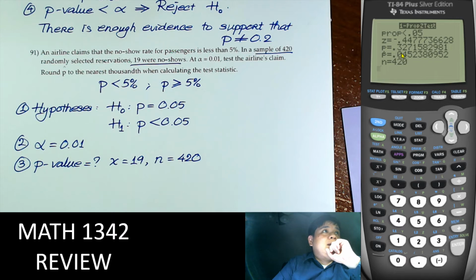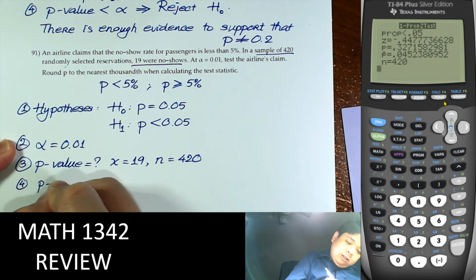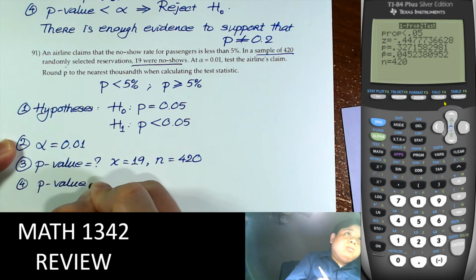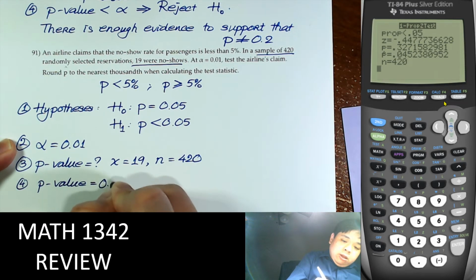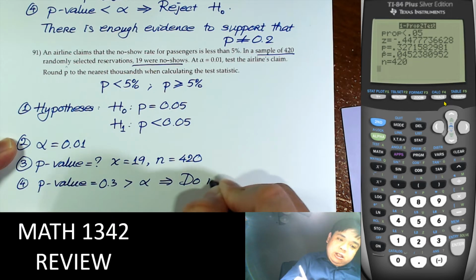Right, in that case we have p is 0.3. And this is bigger than alpha, so we do not reject.